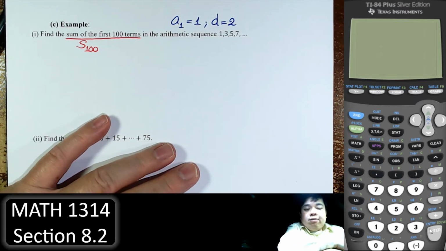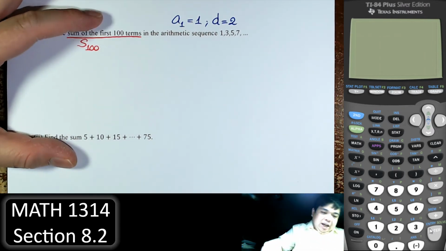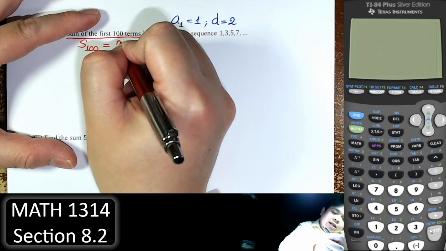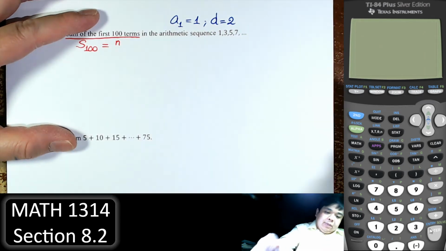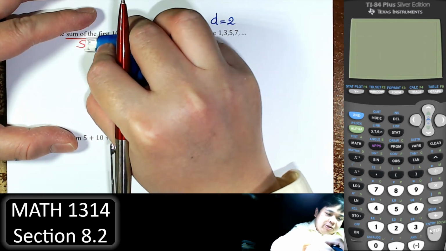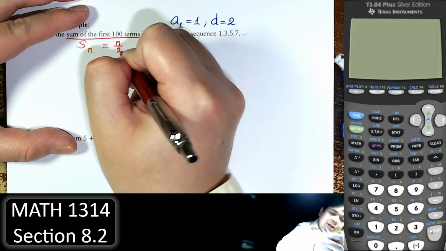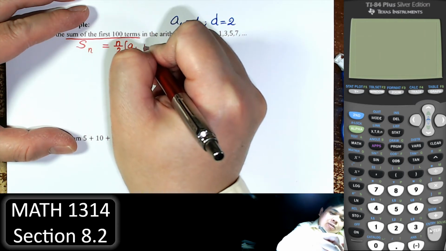That's what we have. So in the formula, let's just try in general first. s of n is n over 2 times a1 plus a sub n.